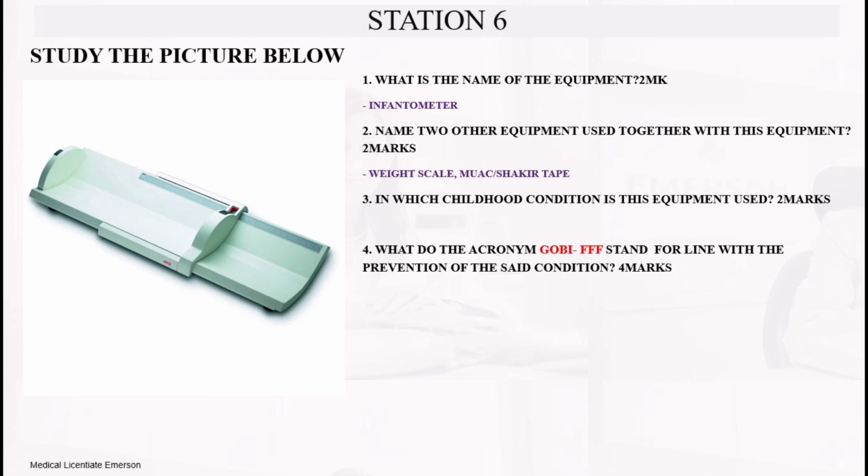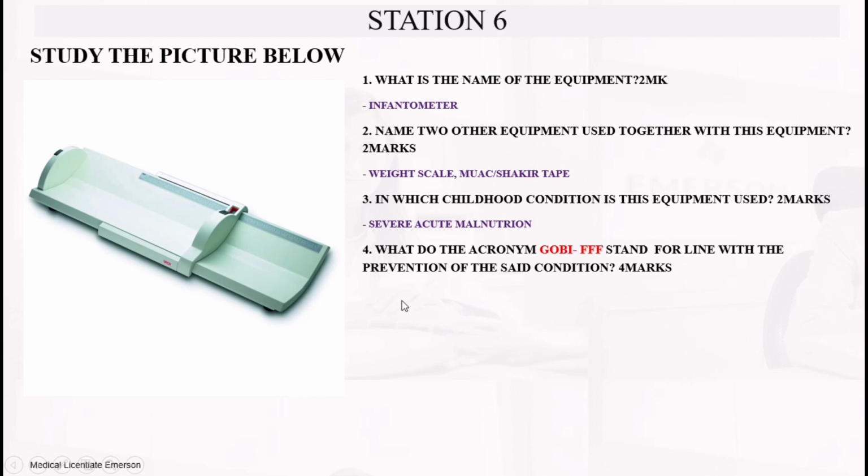So we have the weight scale, then MUAC, mid upper arm circumference, or Shakir tape. Like I said, don't confuse this with the stadiometer, and these are some of the other equipment used together with this device. In which childhood condition is the equipment used? So severe acute malnutrition.